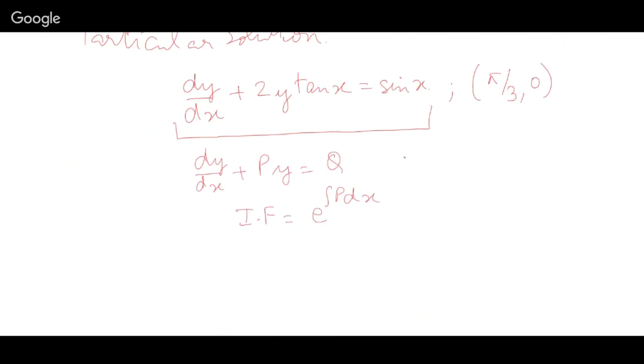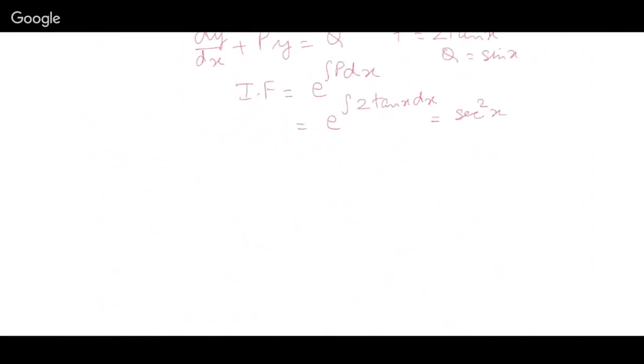So what is the value of the coefficient p? P is now equal to 2 tan x and q is now equal to sin x. So my integrating factor is now equal to e to the power of integration of 2 tan x dx. So integrating this, we will get sec square x.